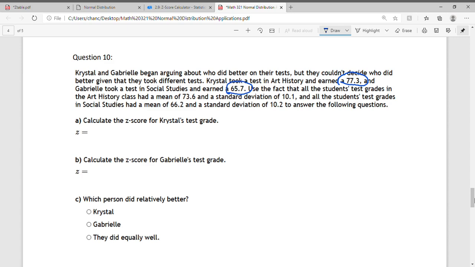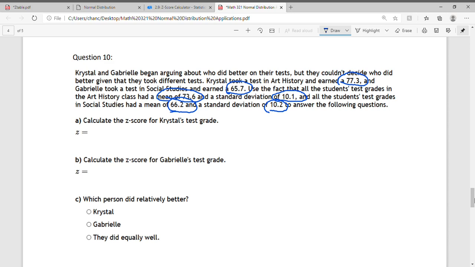Use the fact that all students' test grades in the art history class has a mean of 73.6 and a standard deviation of 10.1. And all the students' test grades in social studies had a mean of 66.2 and a standard deviation of 10.2 to answer the following questions. Calculate the z-score for Crystal's test grade and calculate the z-score for Gabrielle's test grade.